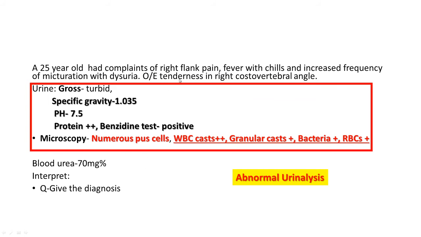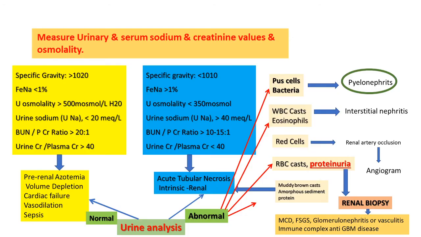Clinically, the patient has tenderness, an increased frequency of micturition, and is associated with fever. So again, coming to the same chart, when you do urine analysis, as you saw, there was abnormal urine analysis, there were pus cells and bacteria. So are we dealing with pyelonephritis?